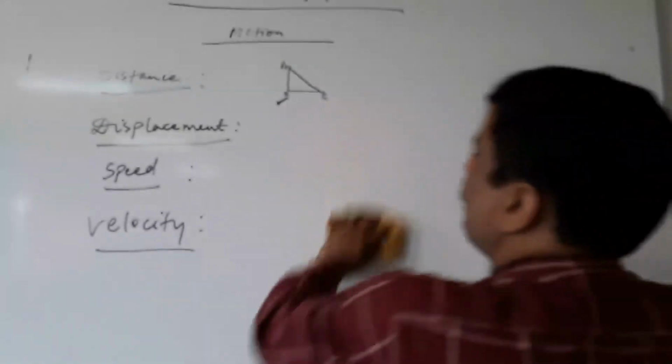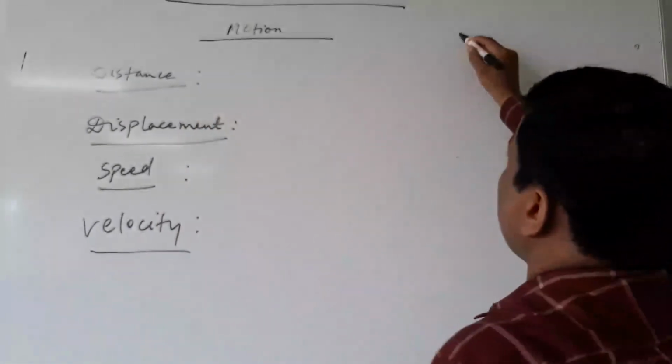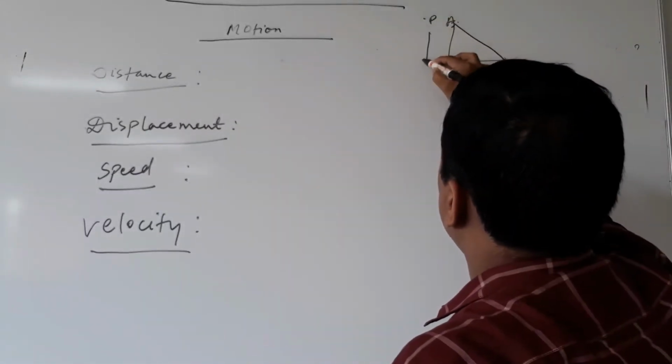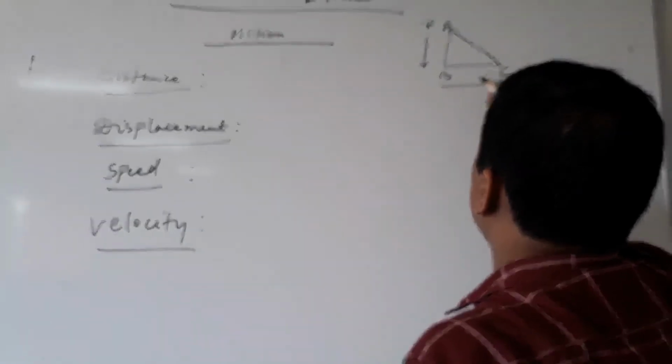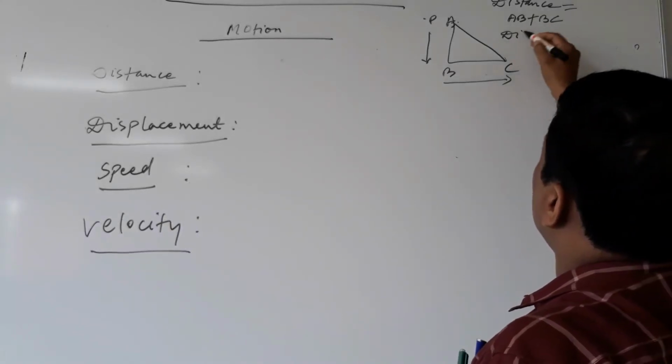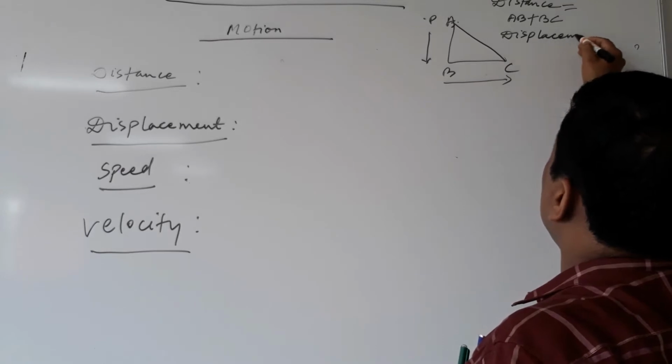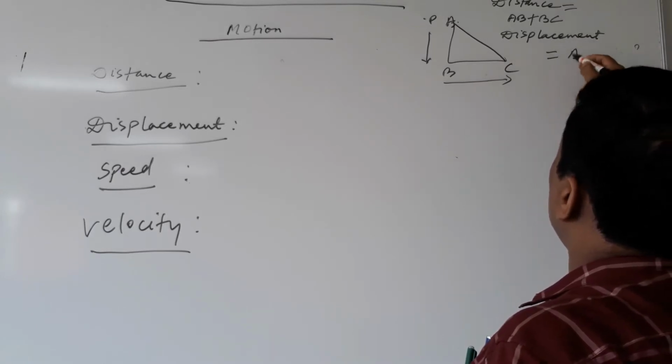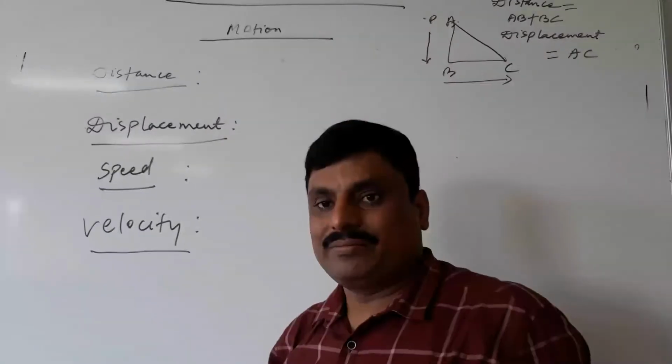So you must show this diagram A, B, C. If any object P covers this and then this, distance is equal to AB plus BC, whereas displacement is equal to AC.